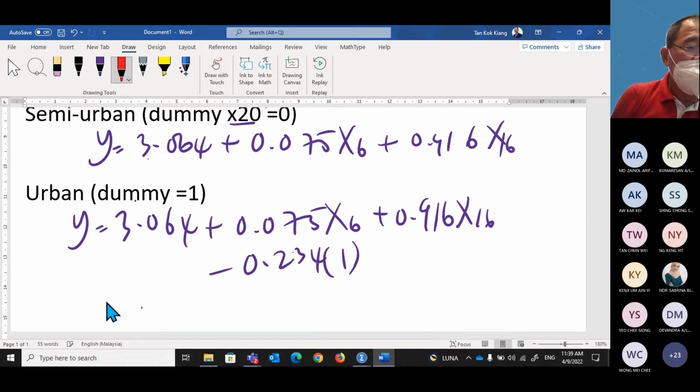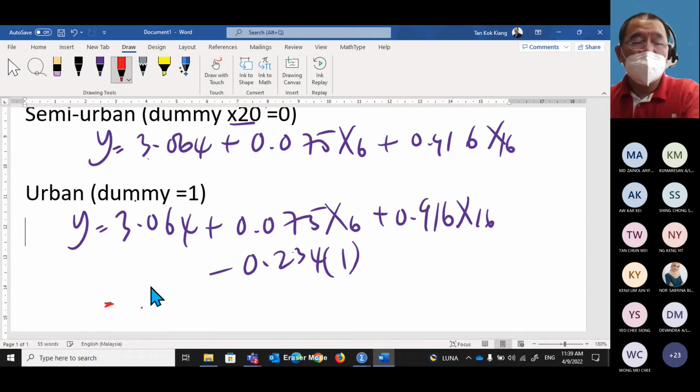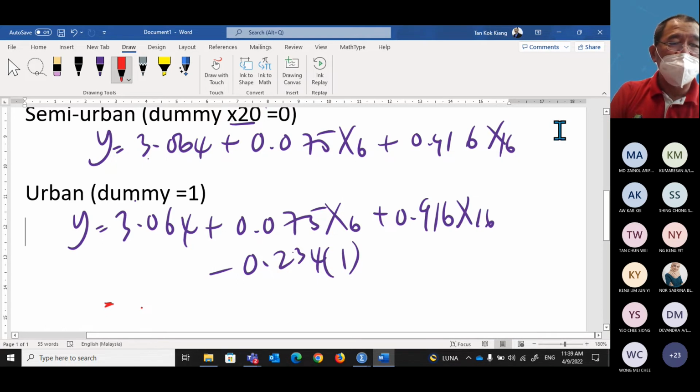Therefore, we can simplify it a bit more. It's not 3, it's 2 point something.